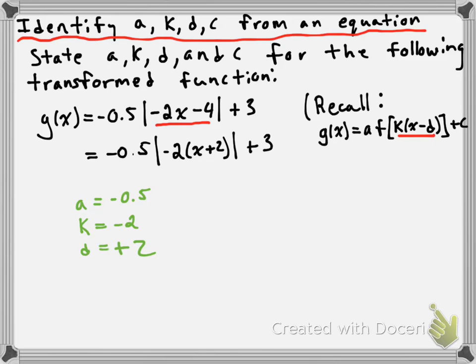There we go, +2. And then our c value is +3 at the end. Okay, so that's how to identify the a, the k, the d, and the c values when you've been given an equation. You need to make sure that it's in the correct form, which means you need to make sure that your k value has been common factored out before you decide what your a, k, d, and c values are.